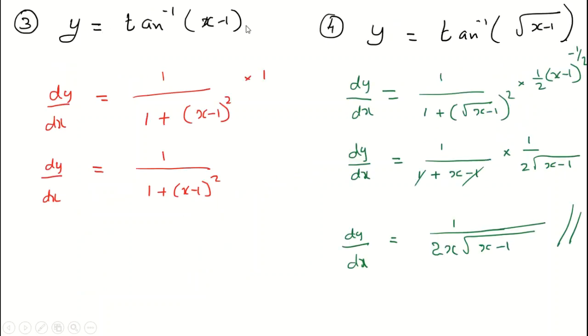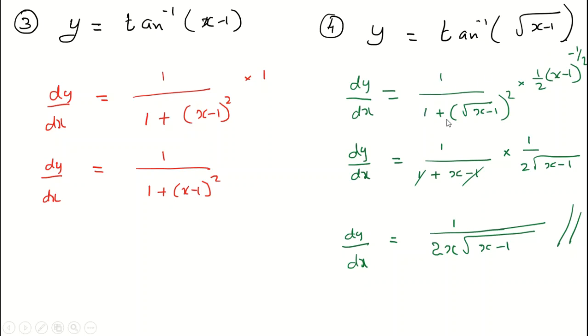Y equals tan inverse (x minus 1). Dy over dx is equal to 1 over 1 plus (x minus 1) squared into 1. Now y equals tan inverse of root of (x minus 1).